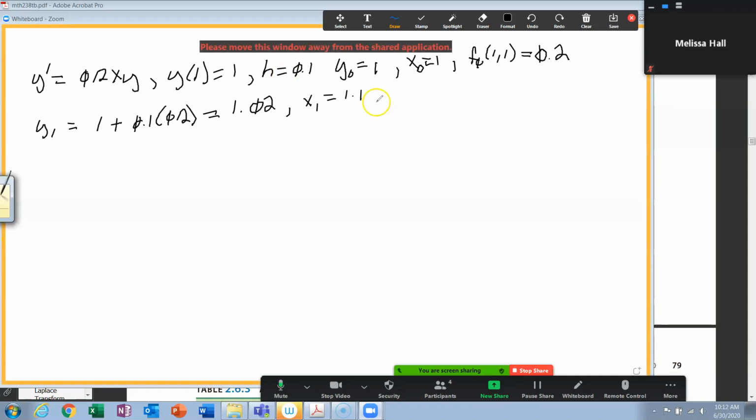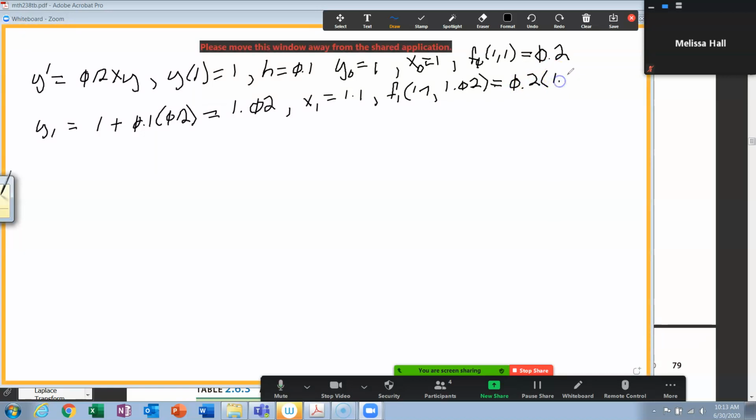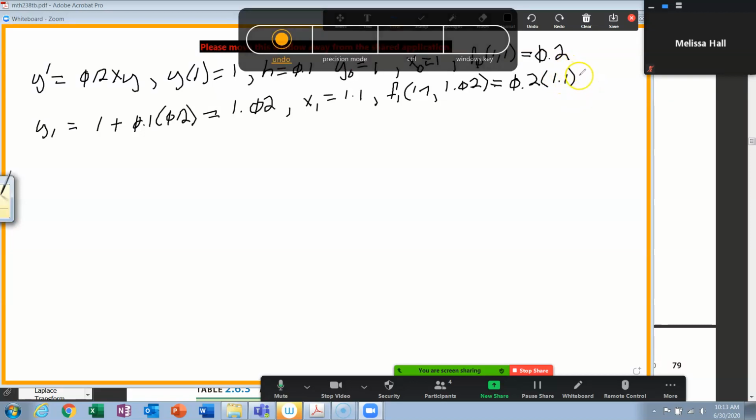Now we have to calculate what our f sub 1 is. That's f when you plug in your x value, which is 1.1, and your y value, which is 1.02. That will be 0.2 times 1.1 times 1.02.